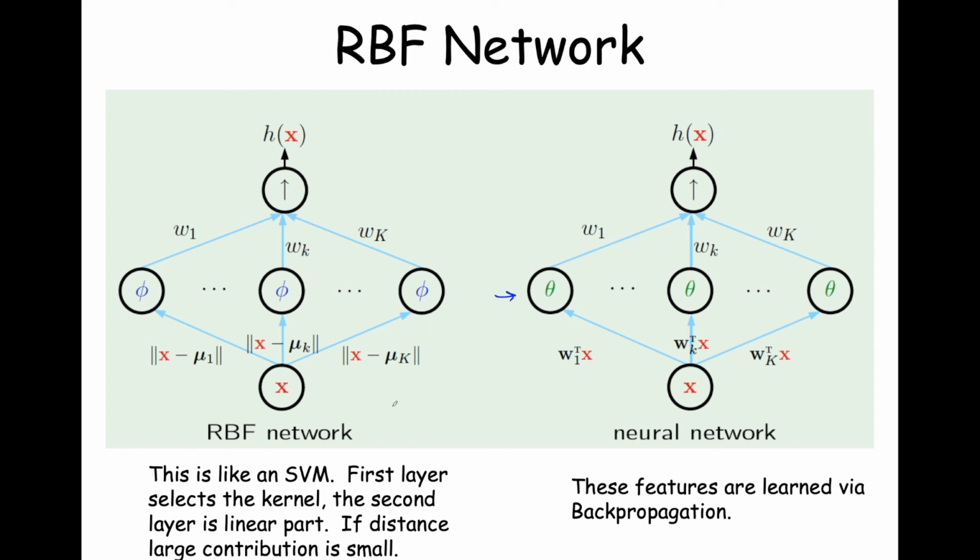Now, this radial basis function network is like a support vector machine. You can think of this first layer, the features we alluded to before, as selecting a kernel, a radial basis kernel to be precise. And the second layer then takes that linear combination of our radial basis kernels. That's the linear part.